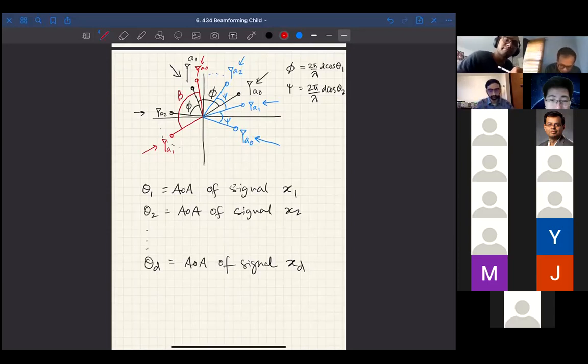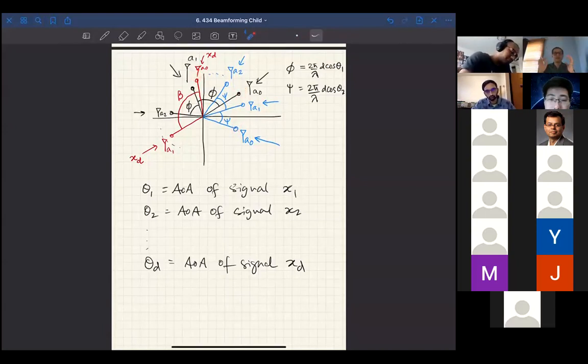That's for signal XD. So now if you think of what your antenna A0 is getting, it's getting this signal plus this signal plus this signal. Those are all A0's signals.